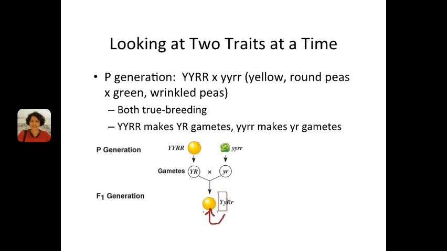For the other character, big R is for round shape, little r is for wrinkled shape. Round is dominant over wrinkled, so the phenotype is going to be round. So that gives you an individual with yellow color in the pea and round or smooth shape. And all of the members of that F1 generation are going to have that same genotype and phenotype.